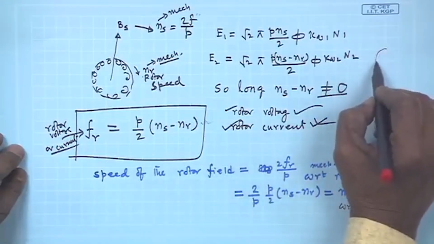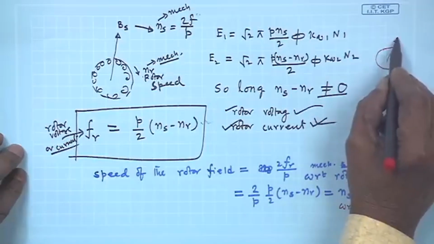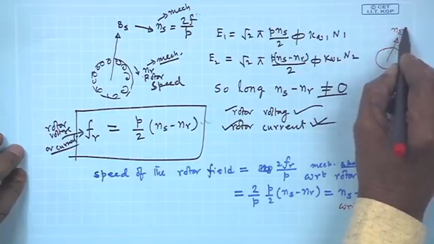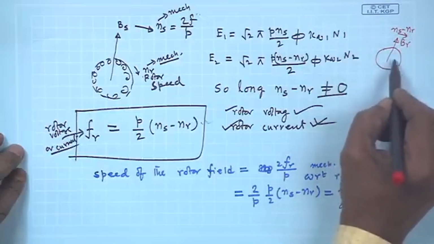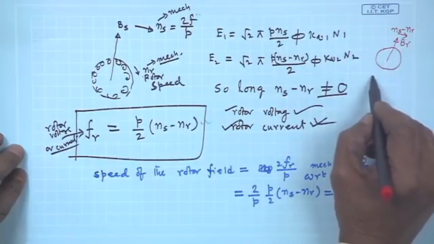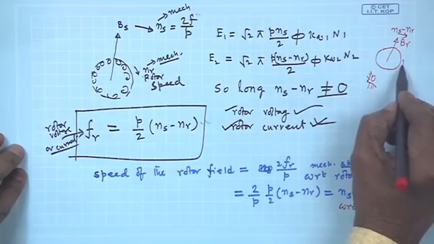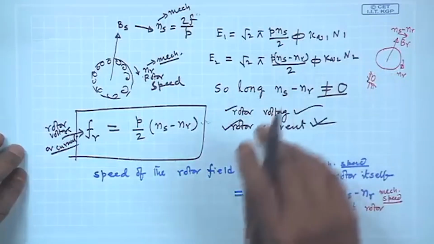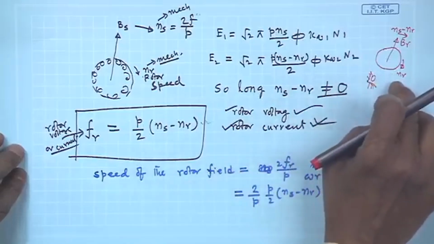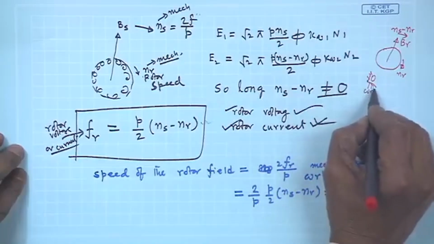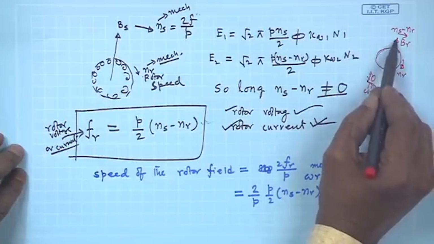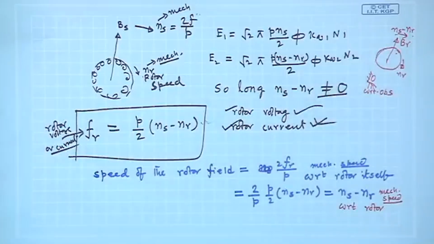So, here is a rotor where there is a rotating field B r, and it is moving with a speed n s minus n r with respect to the rotor itself. A stationary observer also sees the rotor moving with a speed n r. So, the rotor is moving with speed n r with respect to a stationary observer, and with respect to the rotor the field is moving with a speed n s minus n r.